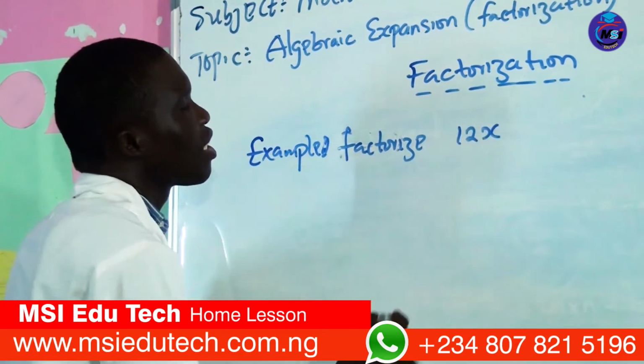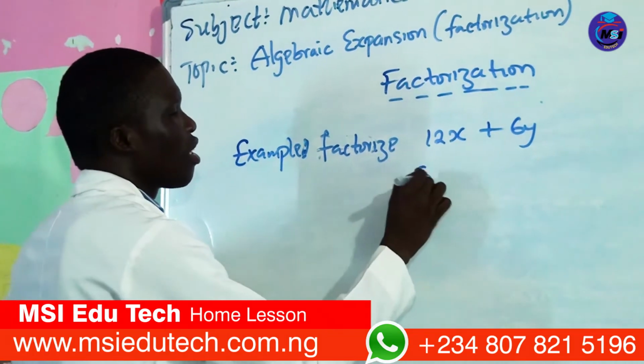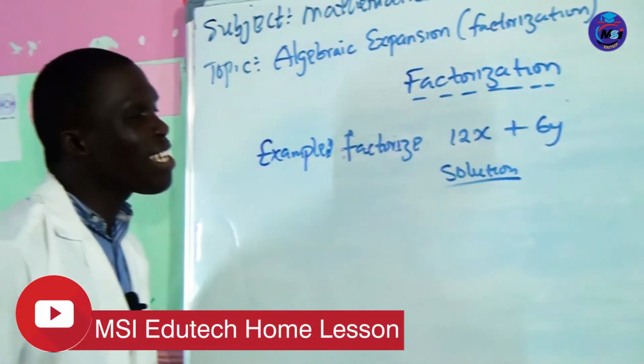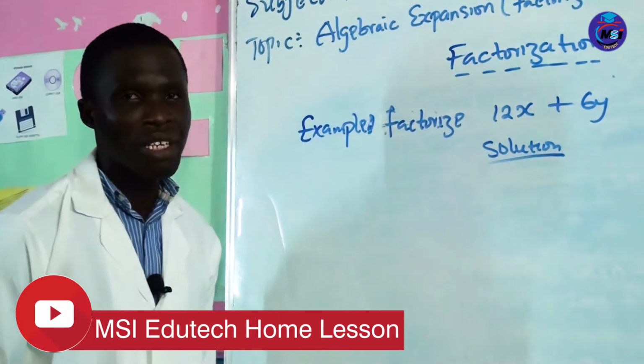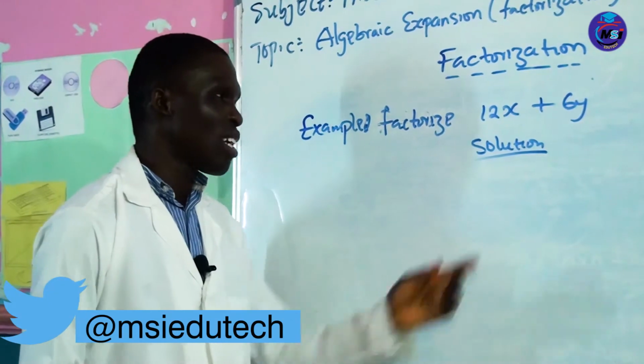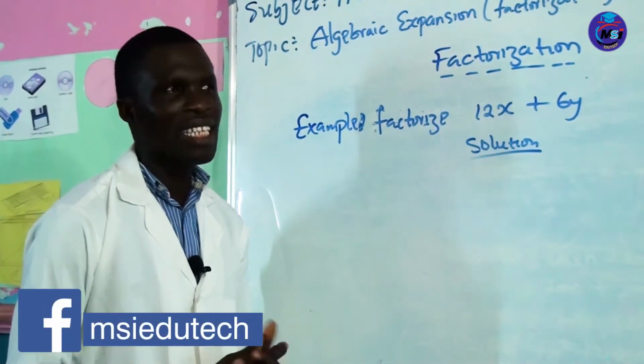12x plus 6y. How can I do that? Now, I need to really sit down and think. The number that is common to 12 and common to 6. And what is that number?